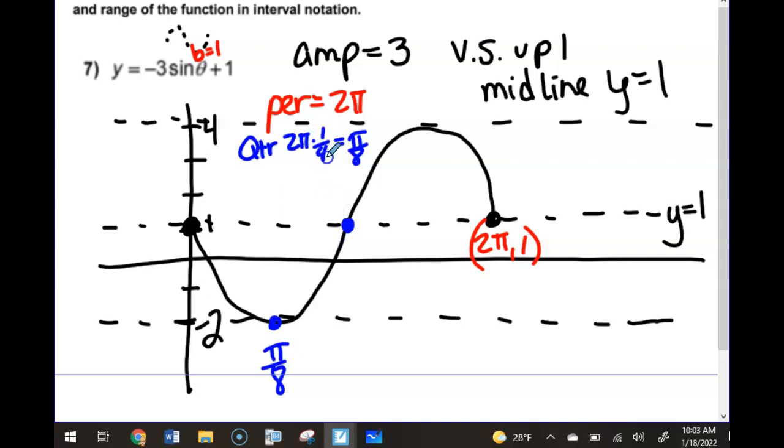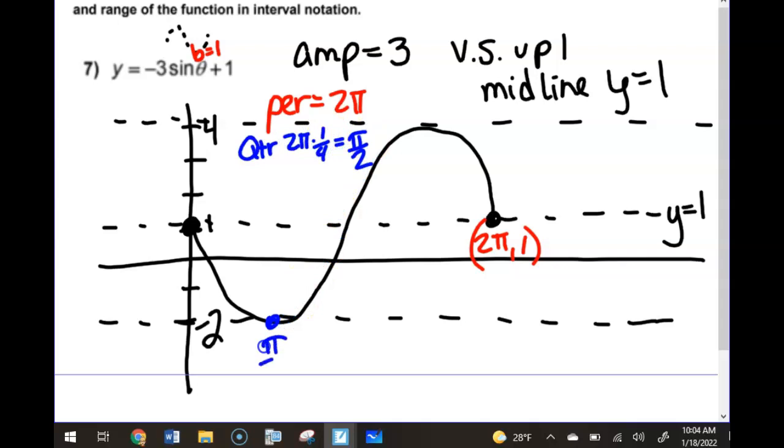Yeah, 2 pi over 4 is not pi over 8. Somebody stop me. 2/4 reduces to what? Pi over 2. I'm glad I didn't get too much further into that craziness. I'm like, how's pi over 8 going to get me to 2 pi? Oh my goodness, sorry. 2 pi over 4 is pi over 2.